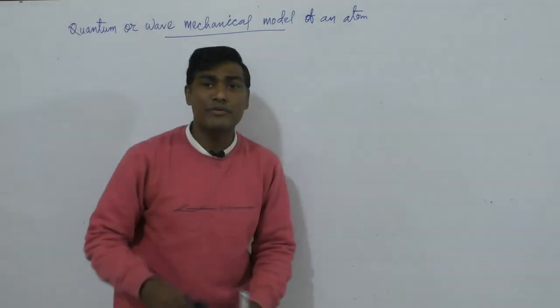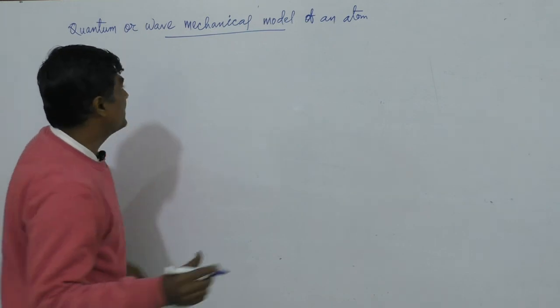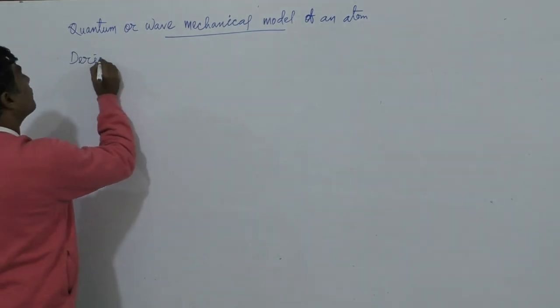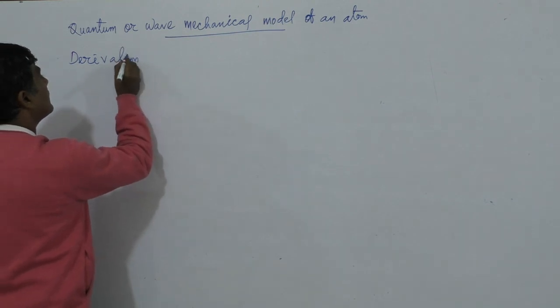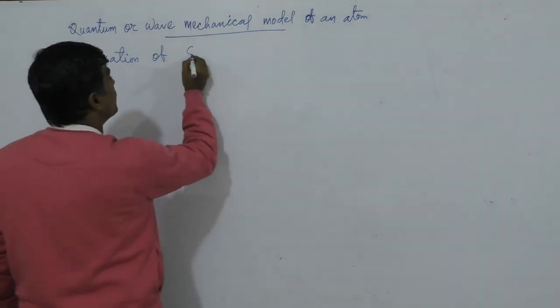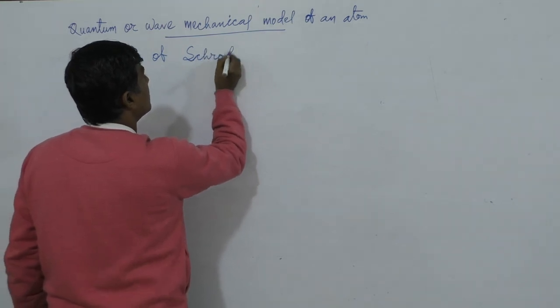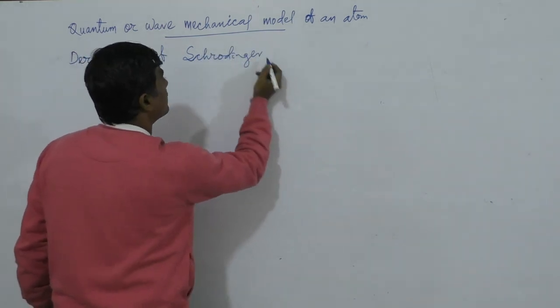So the Schrodinger wave equation is to be derived. So the next is the derivation of the Schrodinger wave equation.